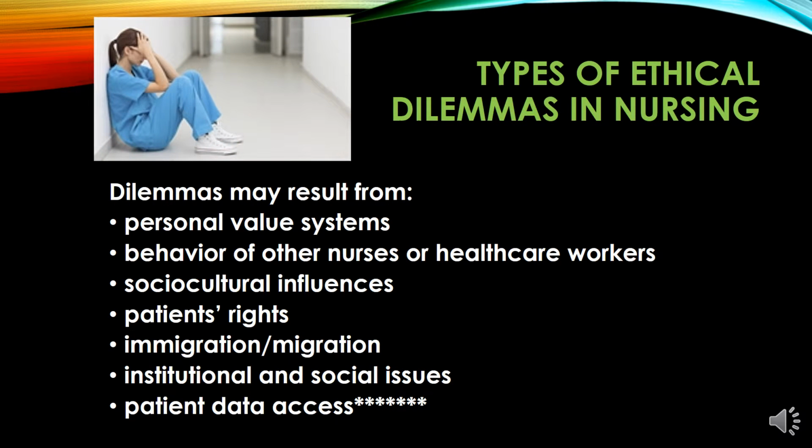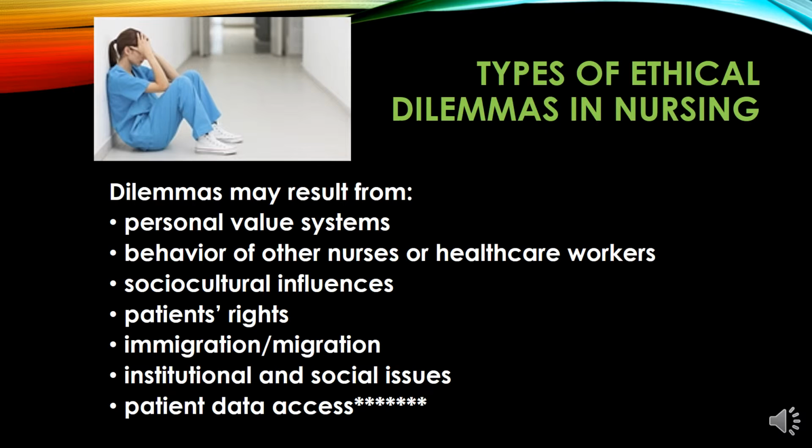There are several types of ethical dilemmas that we encounter as nurses. Some of the types that we might encounter are dilemmas that result from things like our own personal value systems, the behavior of other nurses or healthcare workers, sociocultural influences, dilemmas related to a patient's rights, immigration and migration, institutional and social issues, and finally, dilemmas related to patient data access.